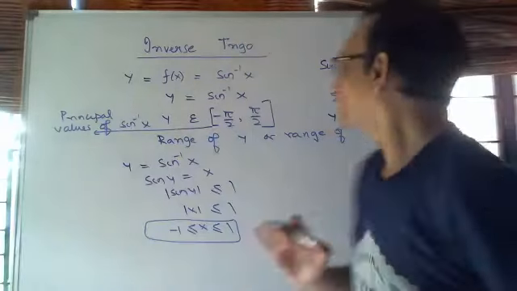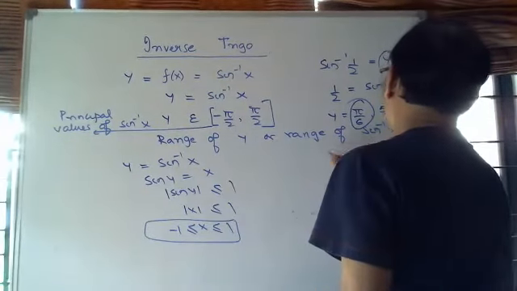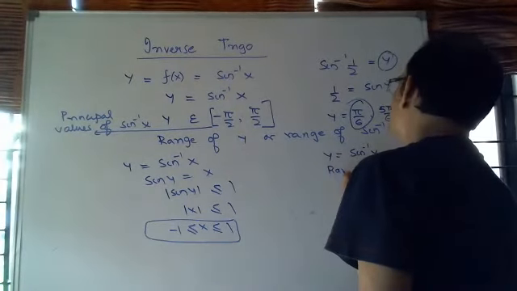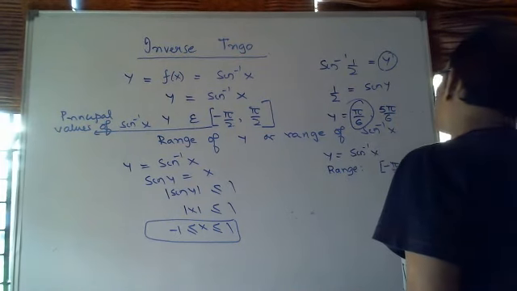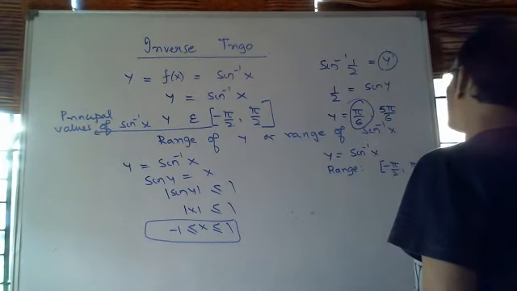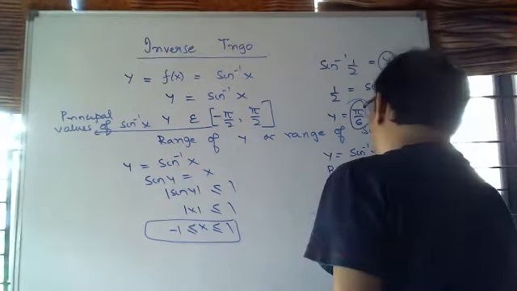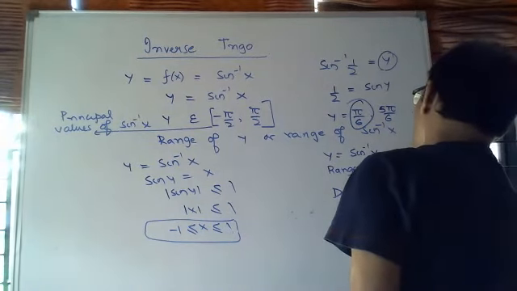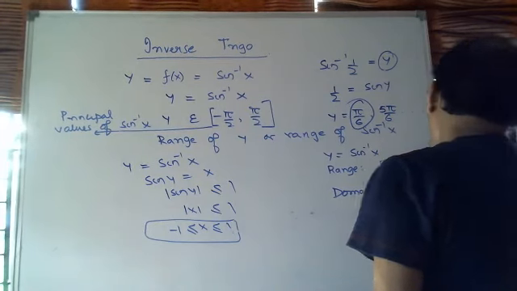That means for a function sine inverse x, its range, the values that y can assume, will be minus pi by 2 to plus pi by 2. And its domain, that means the values of x, can only be minus 1 to plus 1.